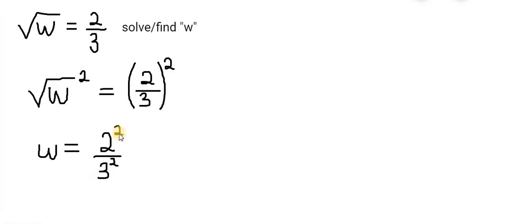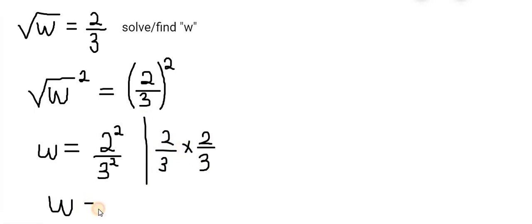So the power of 2 affects both of them. Or you could simply say, another way to write this is 2 over 3 times 2 over 3. Either way, you end up with the same answer, which is w is equal to 2 squared, or you can say 2 times 2 is 4, 3 squared or 3 times 3 is 9. So w is equal to 4 over 9.